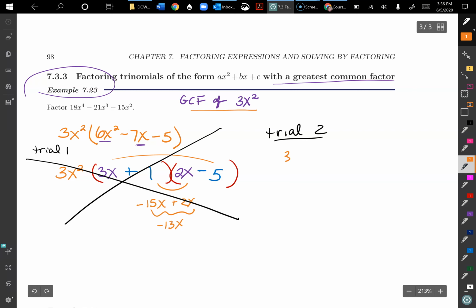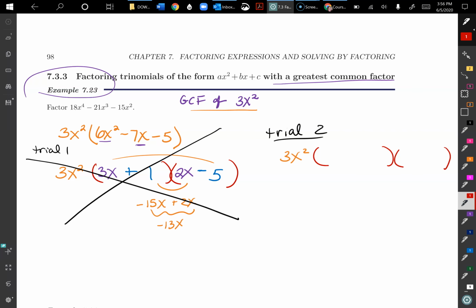So then I have 3x squared. And now what I'm going to do is think, well, I need to get this middle term a little differently set up. So I'm going to try 3x still here, 3x and the 2x, but I'm going to swap out the -5 and the 1.